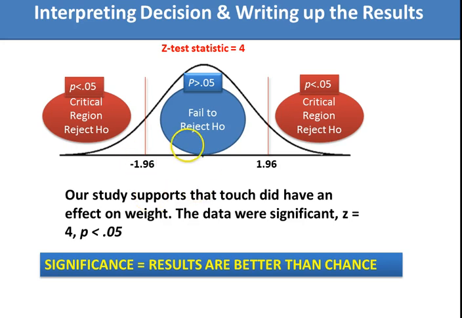And so one way to write it would be simply to state our study supports that touch did have an effect on weight. The data were significant. And then we would have to write up that result in a statistical way, in a statistical statement, if you will.